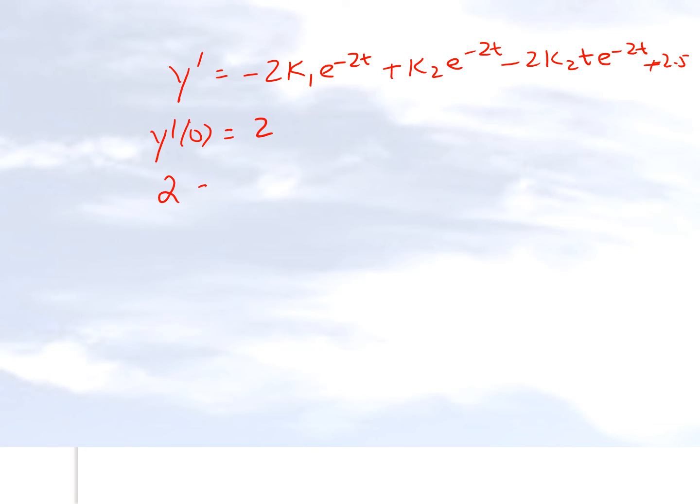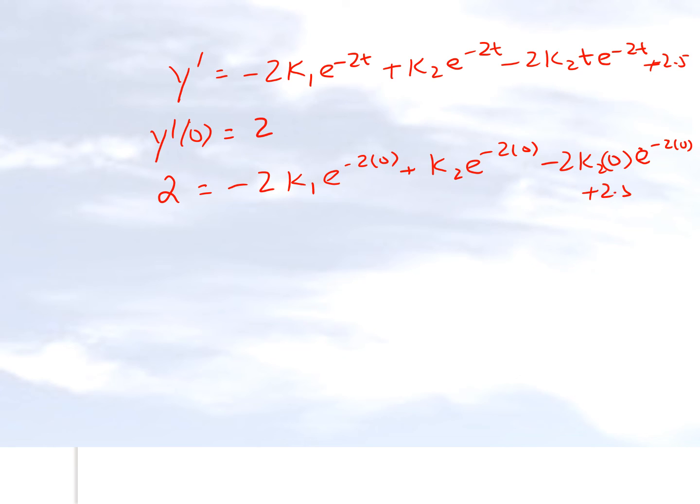So that means 2 is equal to, by putting in the value of t equal to 0, minus 2K1 plus K2 plus 0 plus 2.5.